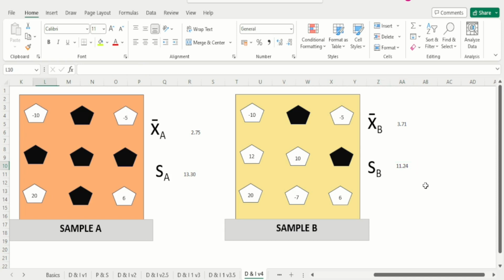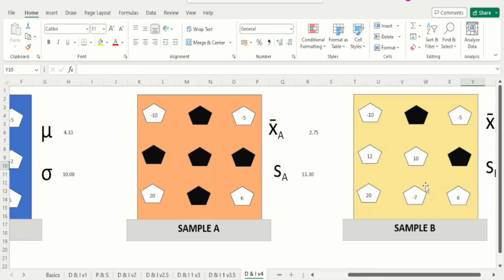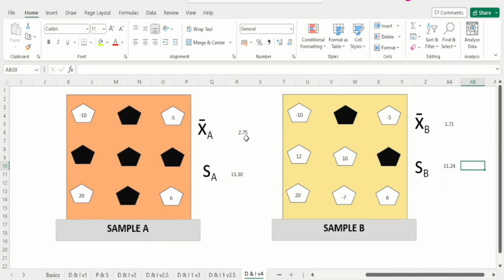Okay, now for a trick question. The question is, in this case, when we calculated the statistic of x bar a, and we calculated the standard deviation of this, 13.30, what does this standard deviation represent?